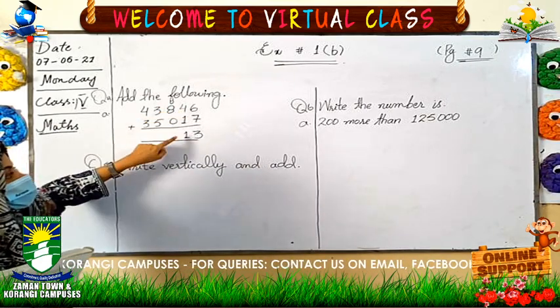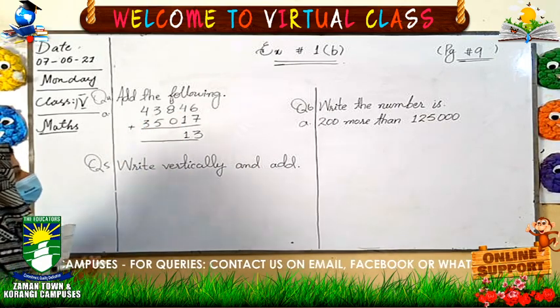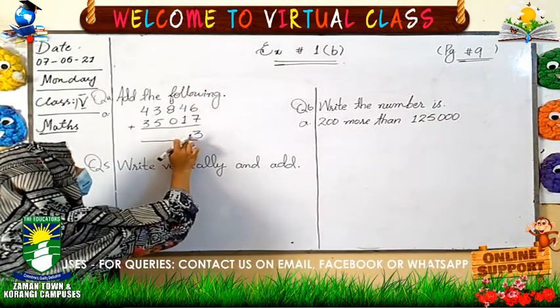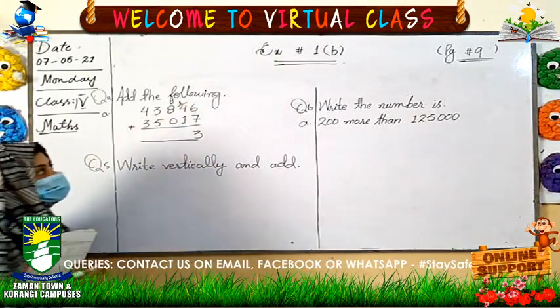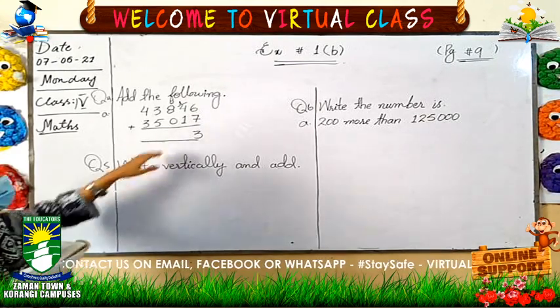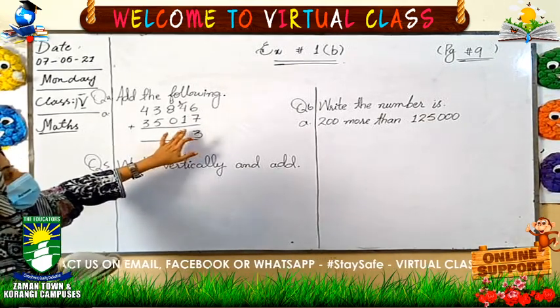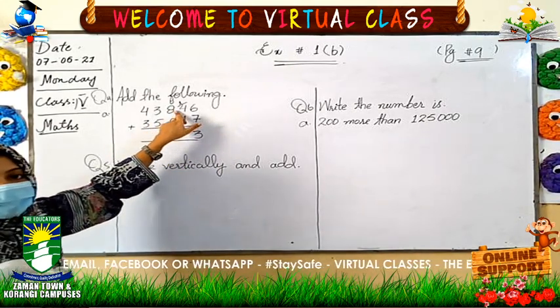We will carry 1 to the 4, so I will write 1 at the upside. I will just carry the left digit to the next number.